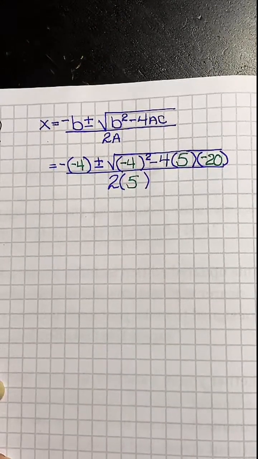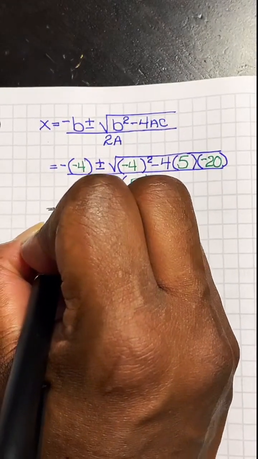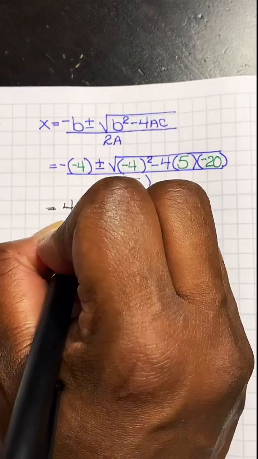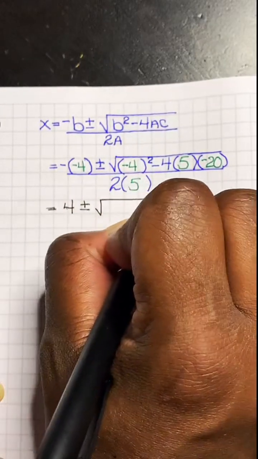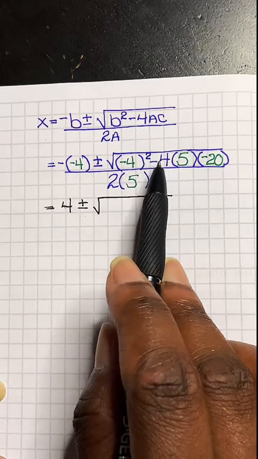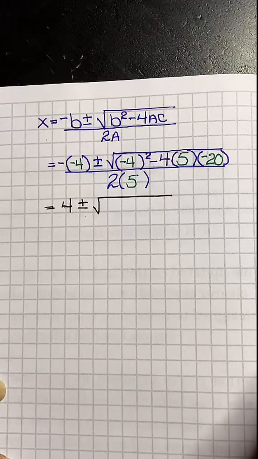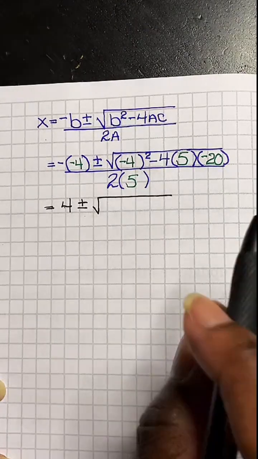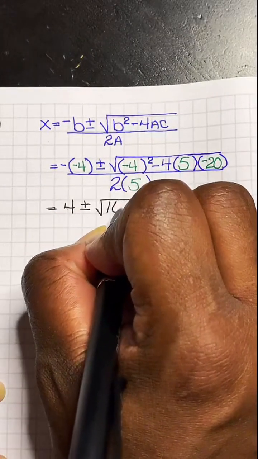So we have a negative times a negative. That gives me a positive. Got my plus minus. Now, -4 squared. -4 squared is not -8. -4 squared means -4 times -4, which gives me a 16.